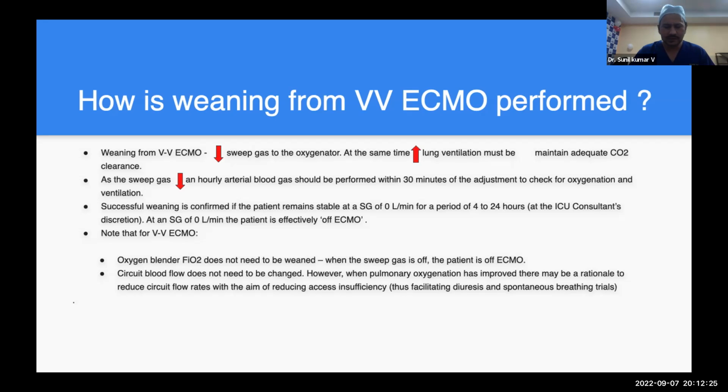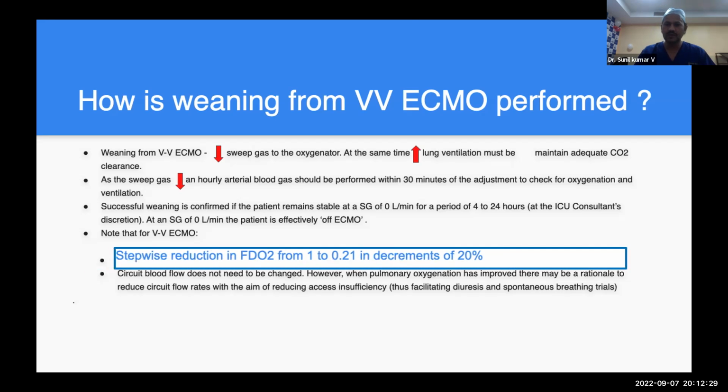But the recent ELSO guidelines say that before reducing the sweep gas, we can step-wise reduce the fraction of delivered oxygen from 1 to 0.2 in decrements of 20%. We usually don't follow this because carbon dioxide clearance is much more important for us.